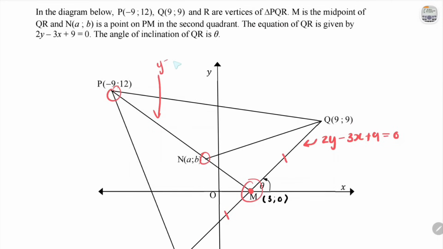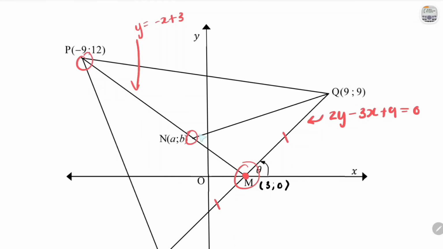We know the equation of this line, y equals negative x plus 3. But what they're asking us to do is to show that B, which is the y value of this point, is equal to 3 minus A. So in other words, they're just saying, find the y value of this point. And of course, it was 3 minus A, so it's in terms of A. So take this point as it is.